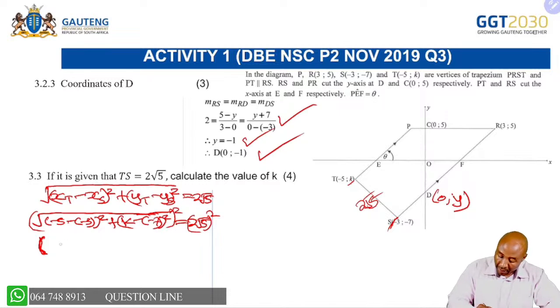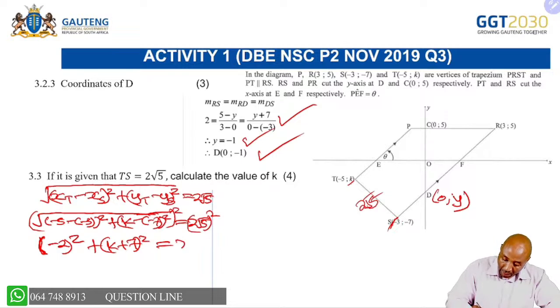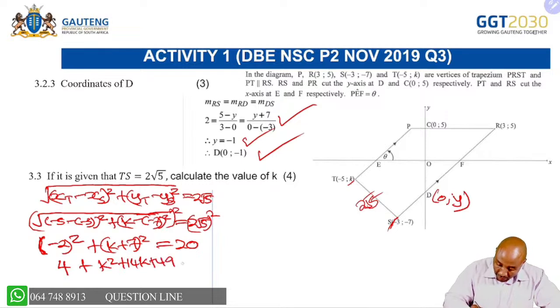Negative 5 minus negative 3 becomes negative 2 squared, plus k minus negative 7 becomes (k plus 7) squared. 2 root 5 squared, I know that will give me 20. Negative 2 squared will give me 4, plus this will give me k squared plus 14k plus 49 is equal to 20.